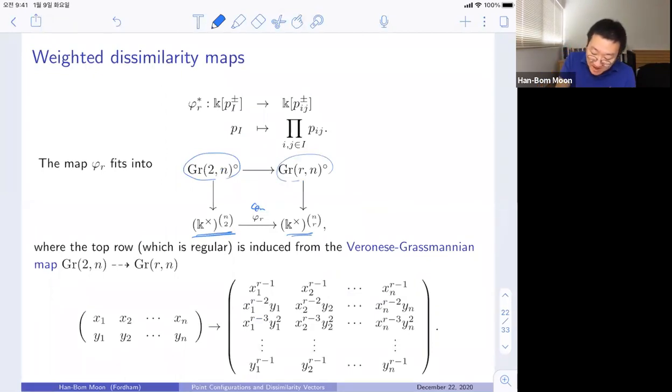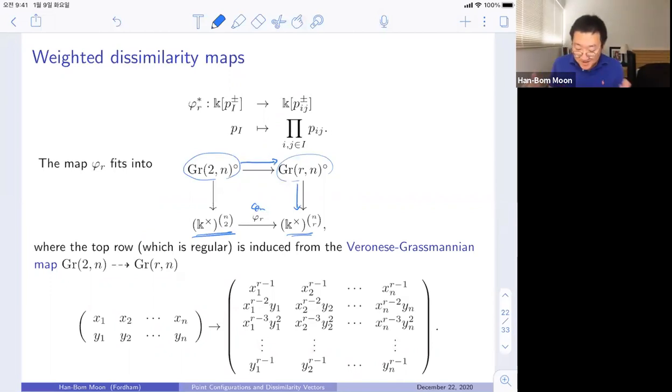Moreover, this map P_R factors through this direction. In other words, if we restrict P_R to the Grassmannian G(2,n), then the image is contained in G(R,n). So in some sense, we can make a rational map from G(2,n) to G(R,n).